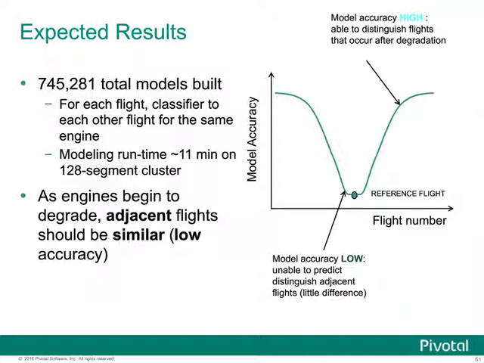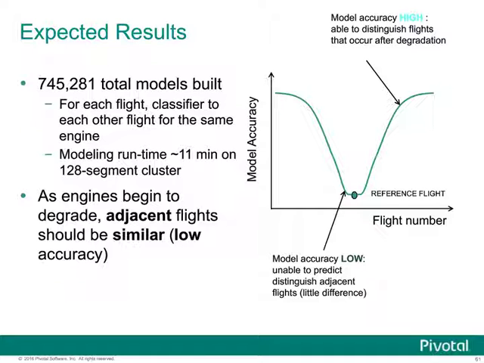What this would look like is if we plot model accuracy over time, as time here is represented by the flight instance, we'd be able to grab, for example, this instance in the middle, represented by that reference flight dot, and for all flight numbers before and after that are immediately adjacent, we would expect extremely low model accuracy, meaning, again, our classifier is unable to differentiate a 5-second window coming from this flight versus a flight just prior or just following this particular reference flight.